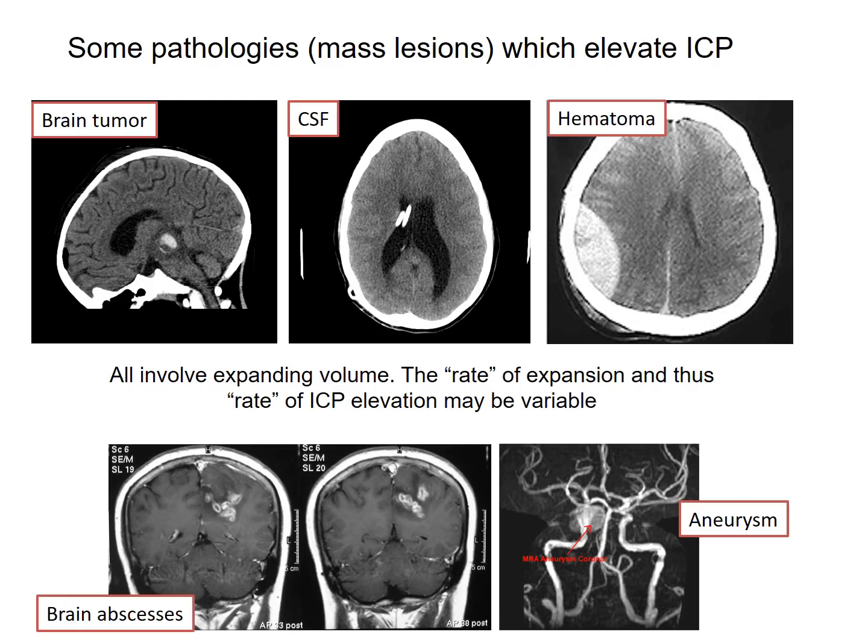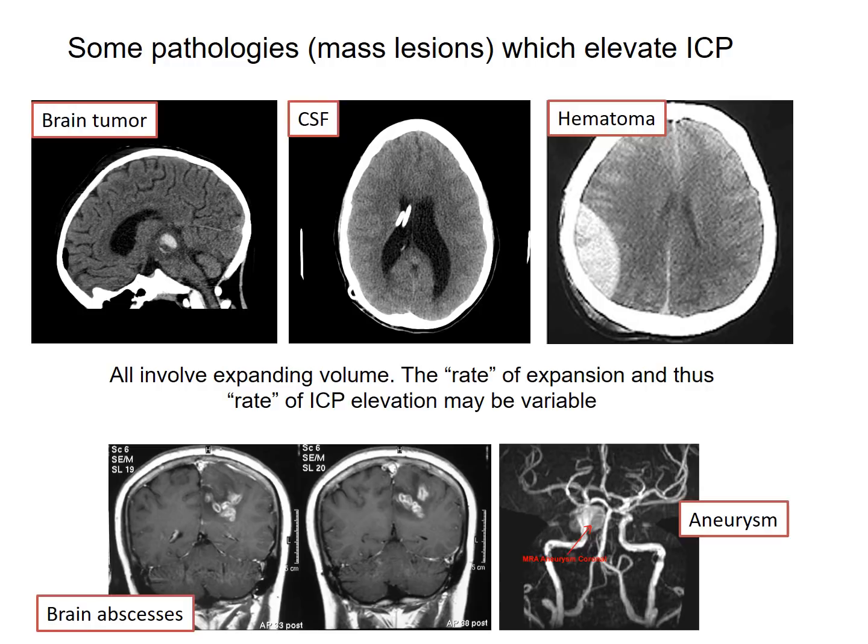Here's some examples of more space-occupying lesions: a brain tumor, increased cerebral spinal fluid, a hematoma, brain abscesses, a large aneurysm. They're all different. They all expand at different rates, and the rate of expansion and the height of intracranial elevation therefore determines how symptomatic the individual becomes, how much herniation occurs, and whether or not that can be potentially lethal.